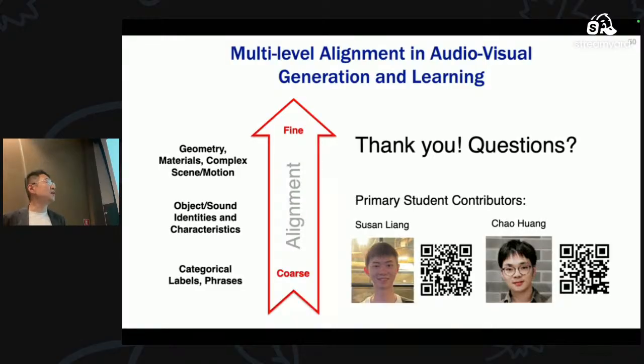And Susan is still with me. So those are the two primary student contributors to this work. And for my own group, I have 4 other PhD students, so we are a group of 5 or 6 PhD students. With that, thank you, and I would like to take any questions you have.